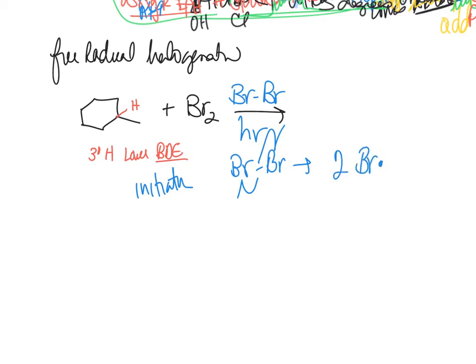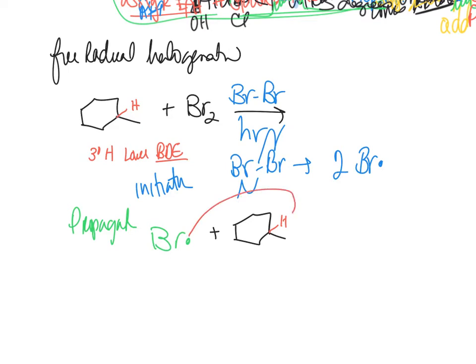Now, the propagation step, you have to have your bromine radical. You should always have a radical plus a neutral molecule. And that is going to go and take that. Notice I have fish hook arrows here, okay, because we're dealing with 1 electron movement.